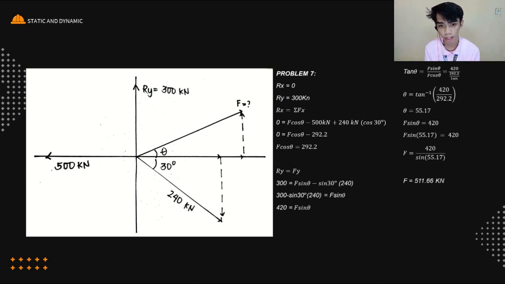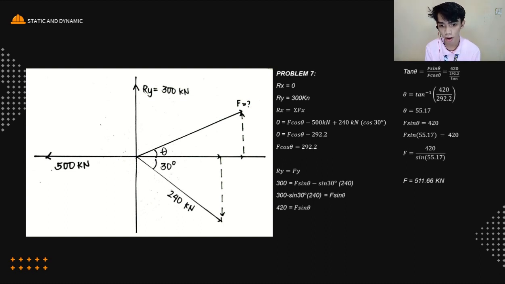Negative kasi yung 500 is nasa negative x-axis. Plus 240 kN cosine 30. So, solve. Makuha natin na value is 292.2. Value pa lang po yan ng F cosine theta.